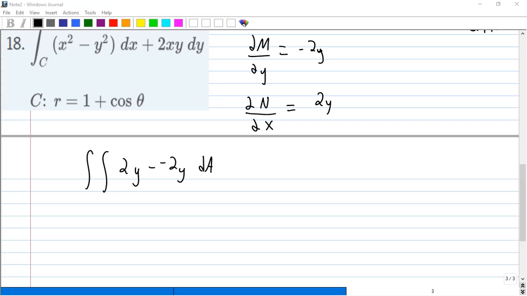Very good. So you got 2y minus negative 2y, right? I know, because I haven't unfrozen the screen. Sorry. Just didn't want to show you all of my cool work.